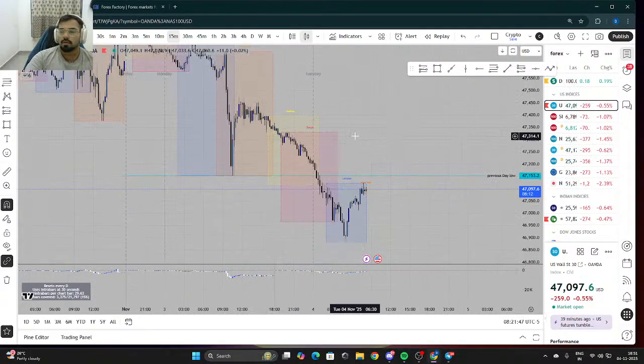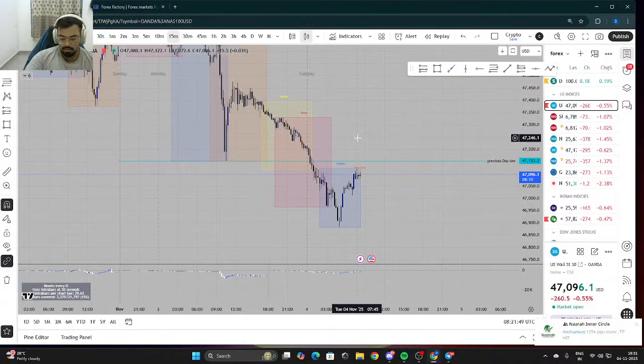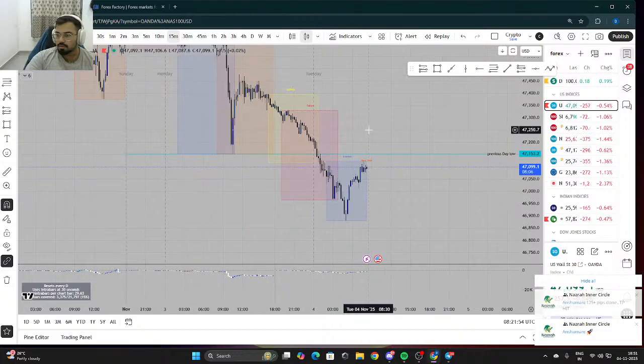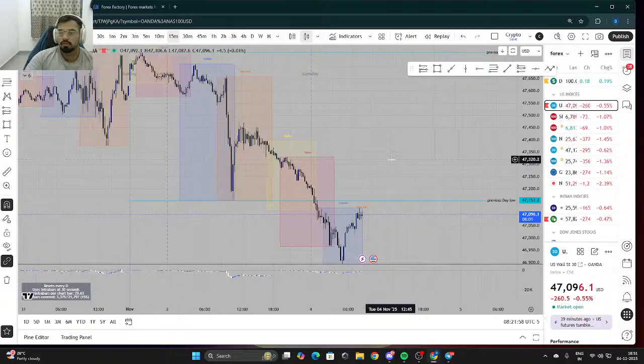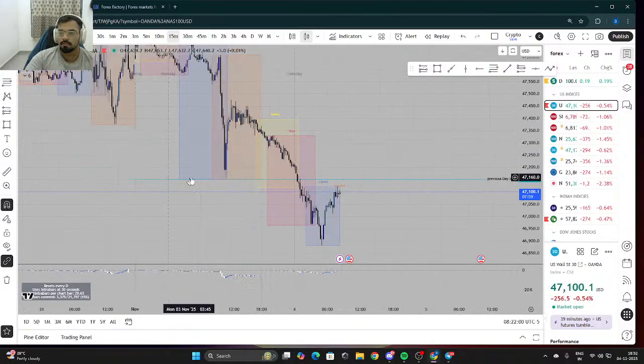Usually I hate overnight trading sessions because there aren't any setups in the morning session. So maybe I look for shorts on this key level, the previous day low.